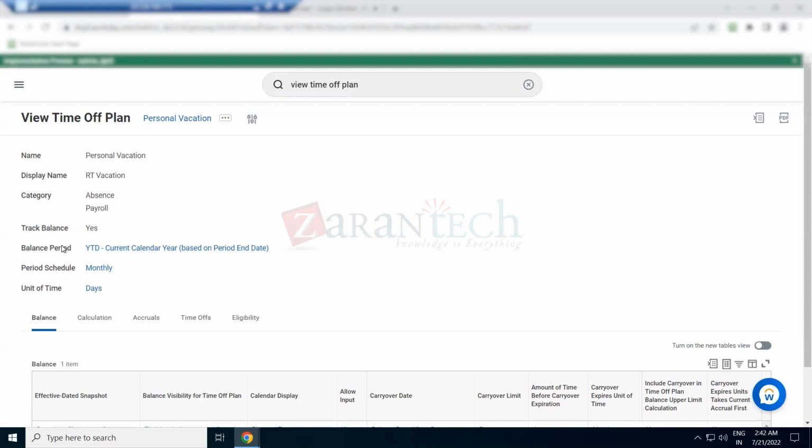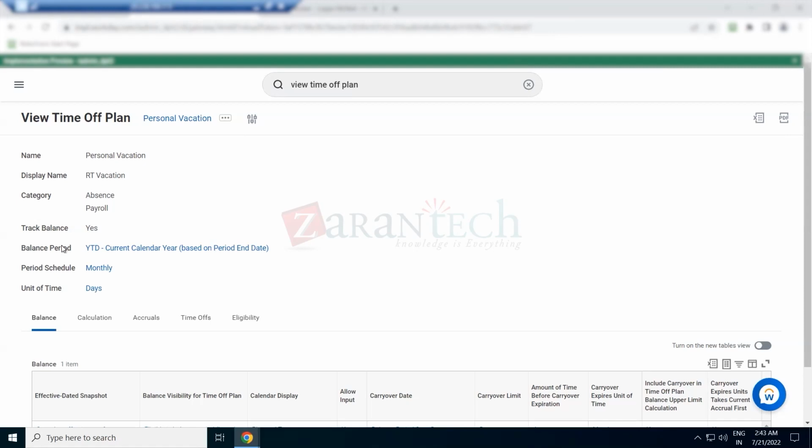It doesn't mean that if you are in December and you are requesting time off for next January, it is not applicable. It will fall under the next calendar period, and you are allowed to. This is the balance period, and in this balance period people will get some balances.